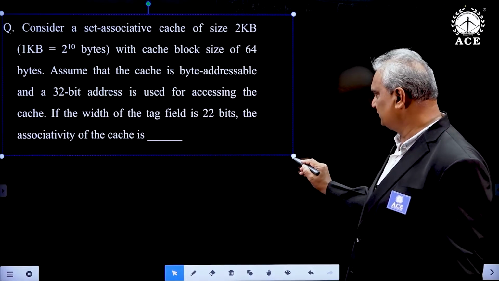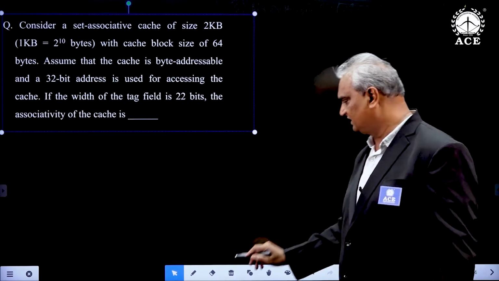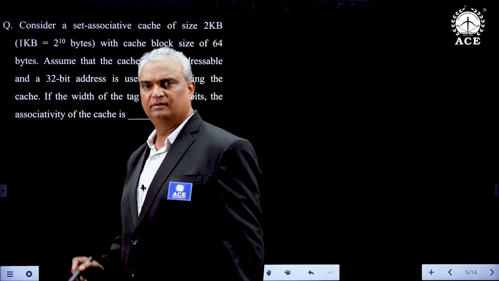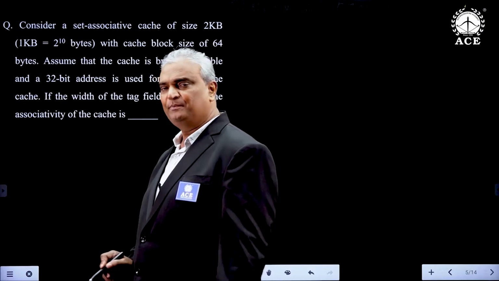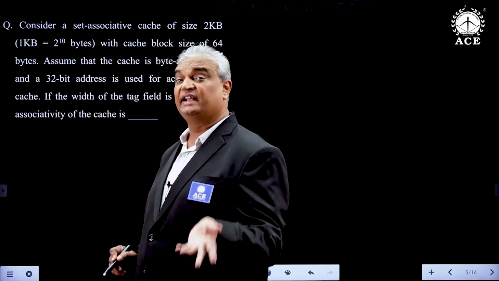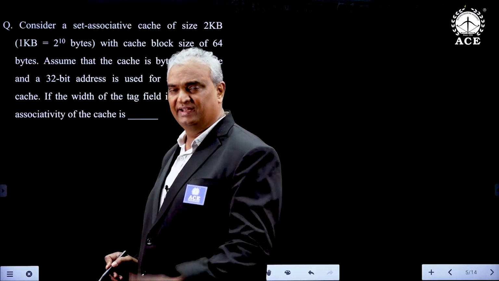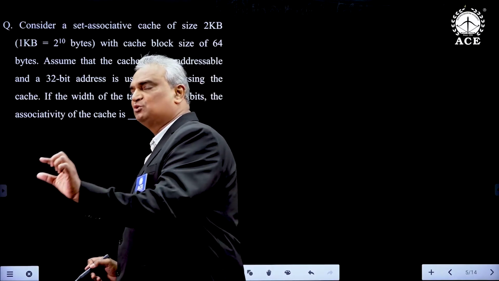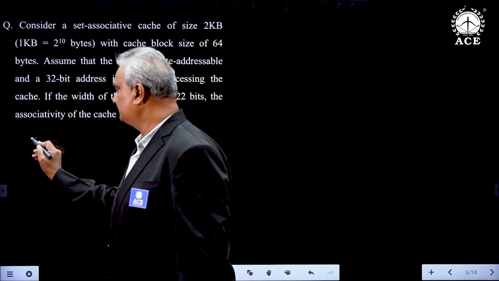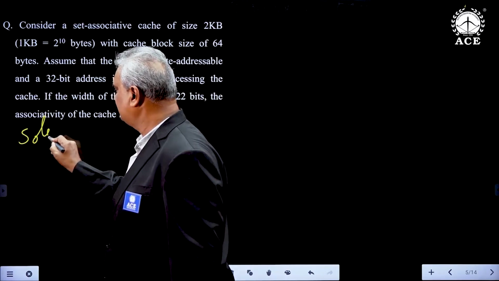For solving this question, first let me explain one important point. What is the expression for finding the tag field size in an n-way set associative cache?